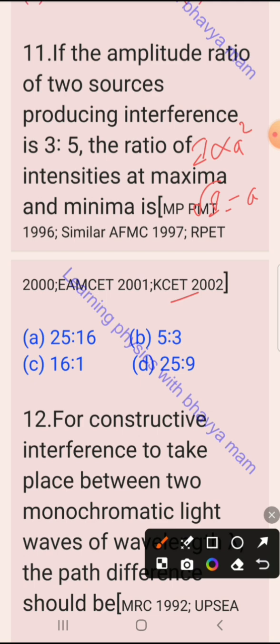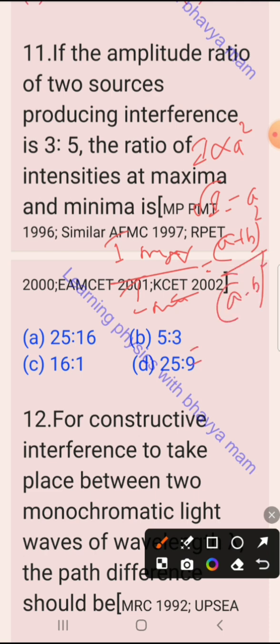So how to calculate? I max to I minimum. As I mentioned, I is proportional to A square. There are two waves, one with amplitude A and another with B. So I max is A plus B whole square, divided by I minimum, which is A minus B whole square.